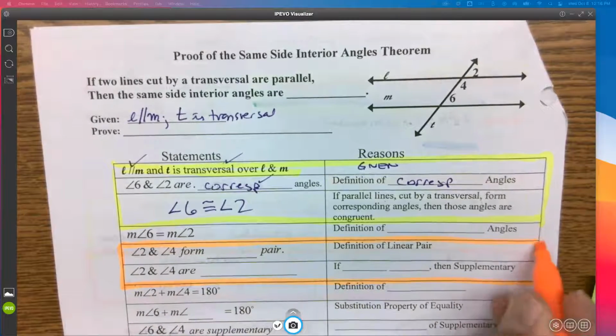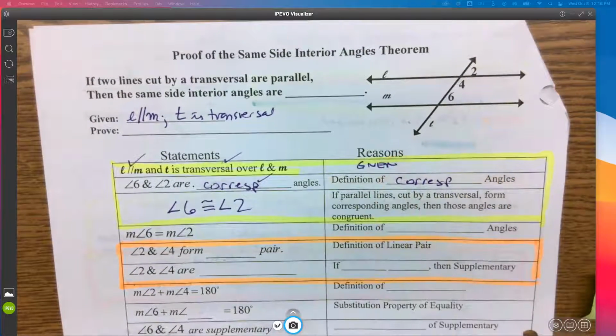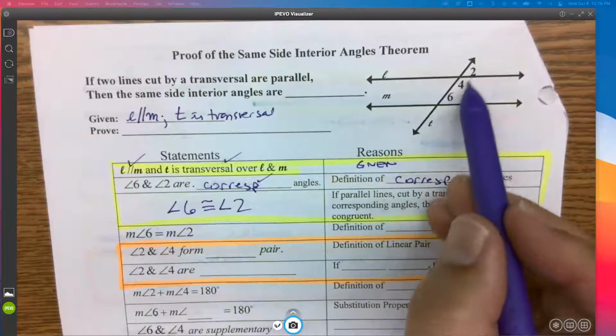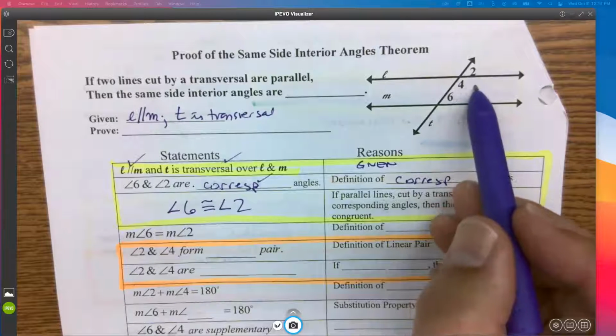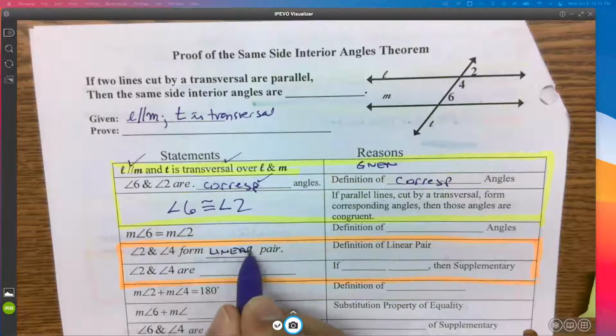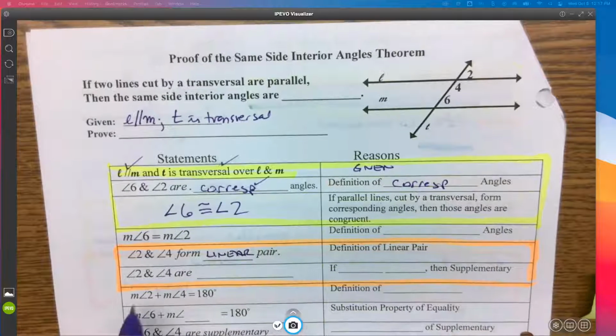We're trying to bring in that other angle. We've got 6 and 2 already. We need to get 4 in the mix. But when I look at 4 and 2, what's their relationship? It's not vertical now. Yeah, I say they form a linear pair. The reason? It's definition of linear pair. And then I say, I know the theorem.